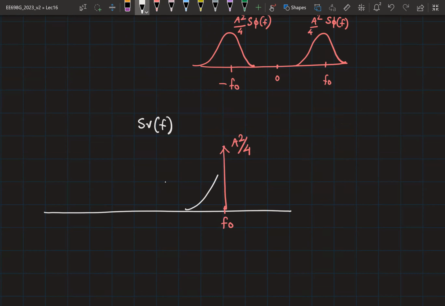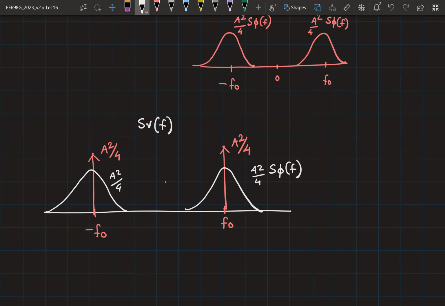Then I also have the skirt whose value is A square by 4 into S phi of f. So similarly, at minus f naught, I have this impulse at A square by 4 and the skirt A square by 4 into S phi of f. This is fine.